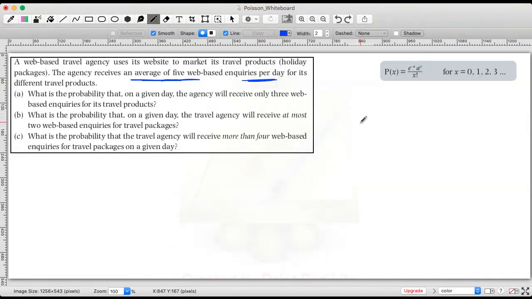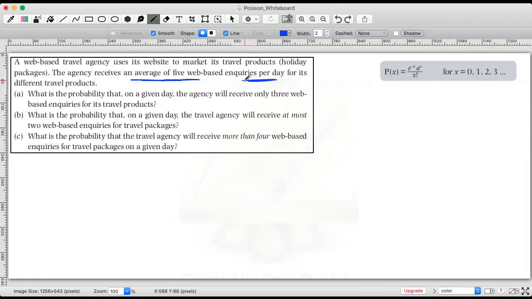Now, why it is a Poisson distribution is because you are given an average for a fixed time interval, and each experiment, in this example an inquiry, is independent.